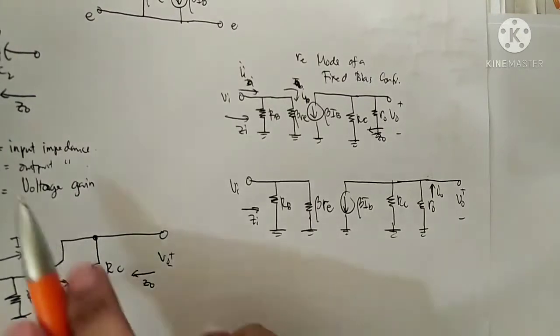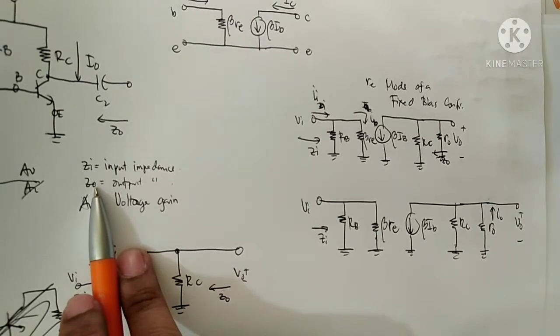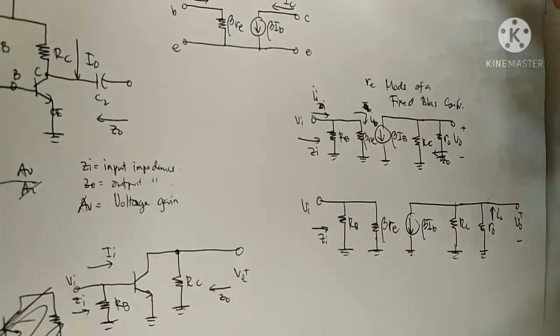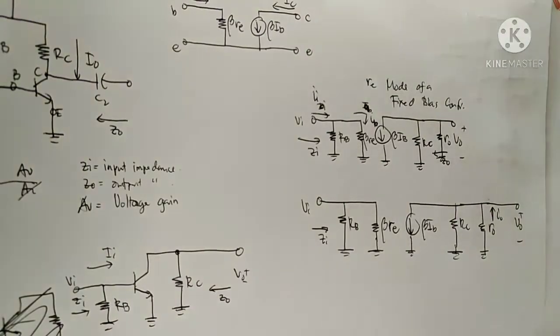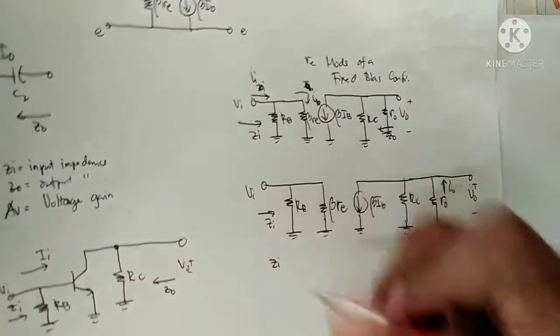We can now calculate the three parameters: input impedance, output impedance, and voltage gain. Let's start with Zi, the input impedance.